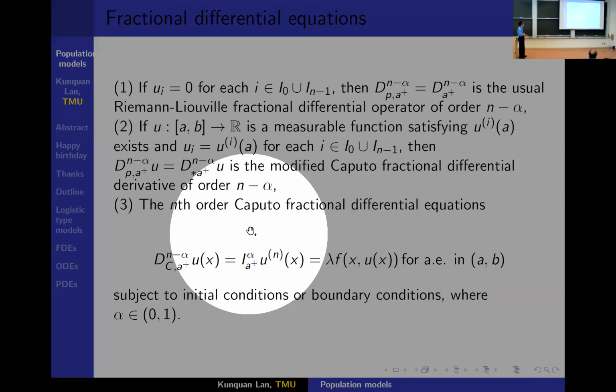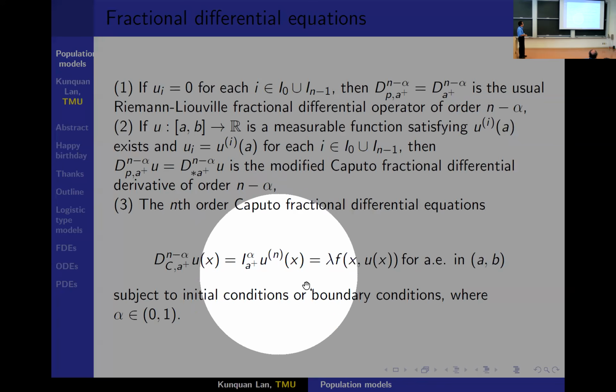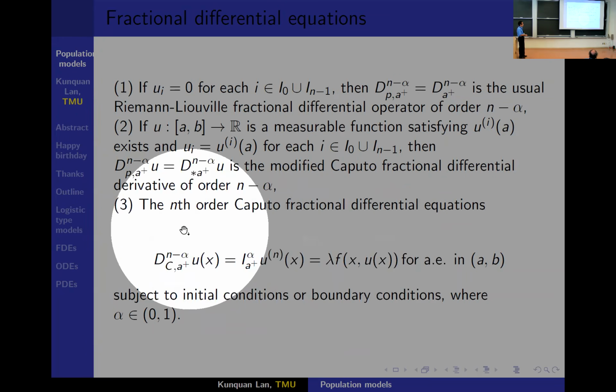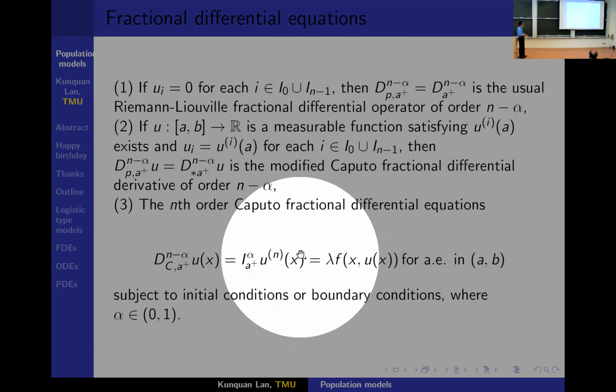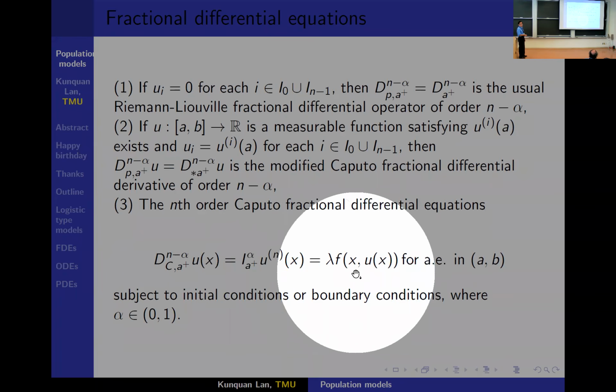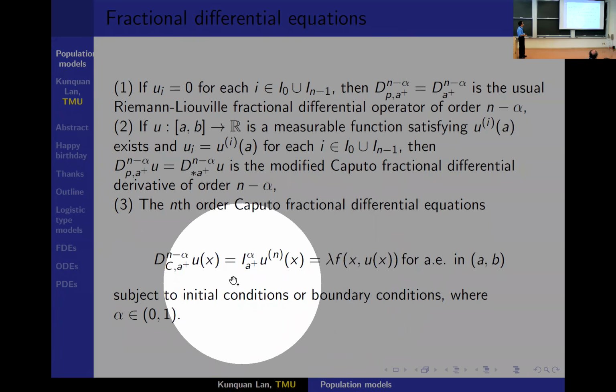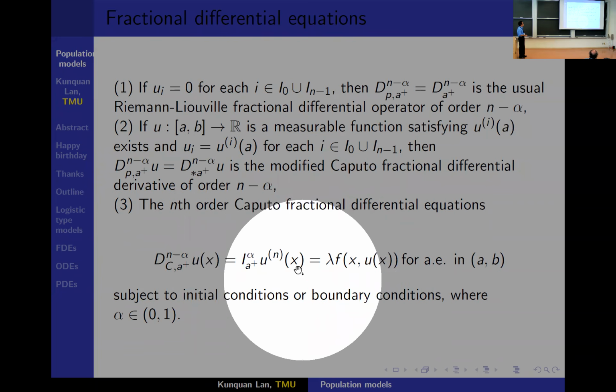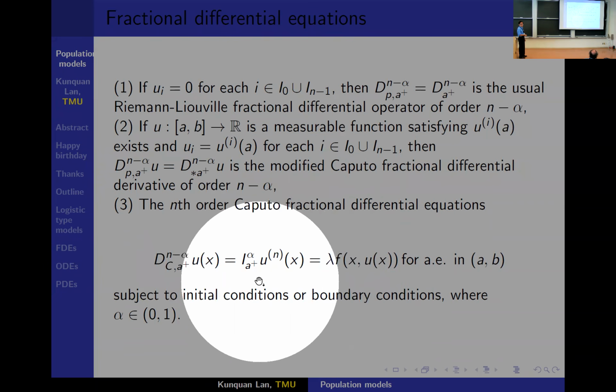And this together with the integral equals the right-hand side. So the right-hand side can be your logistic model, and therefore it contains a first order differential equation. So some of you who study first order systems may consider setting up your theory for the fractional differential equation here.